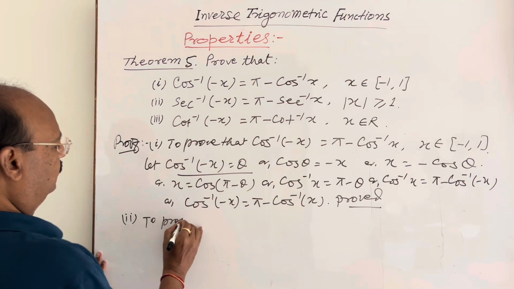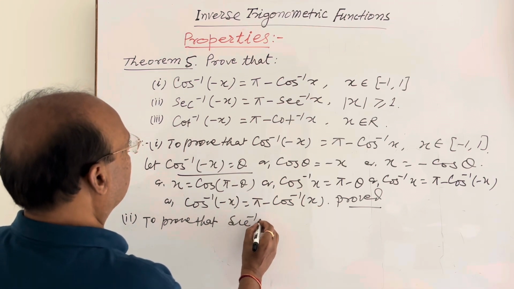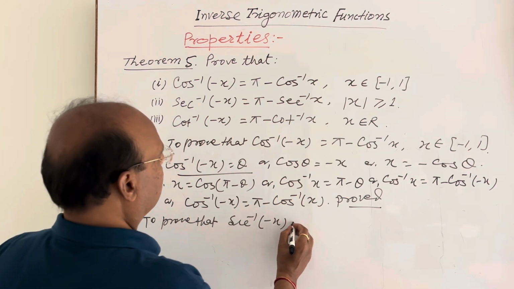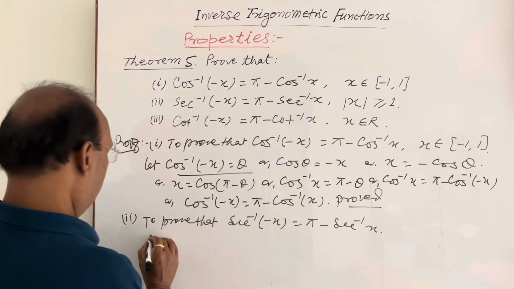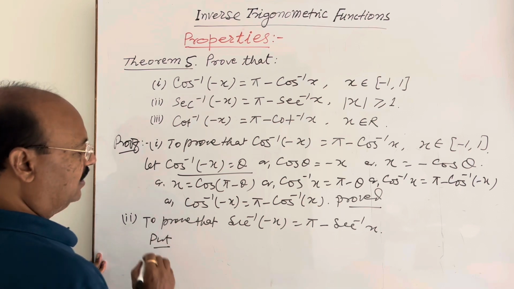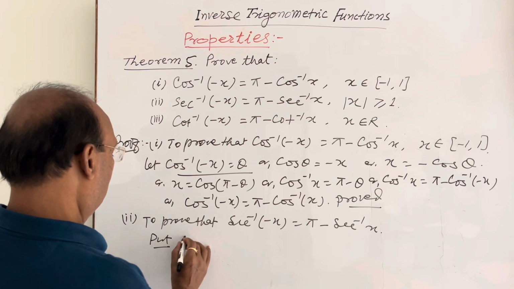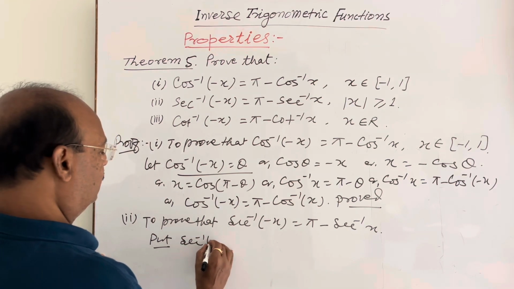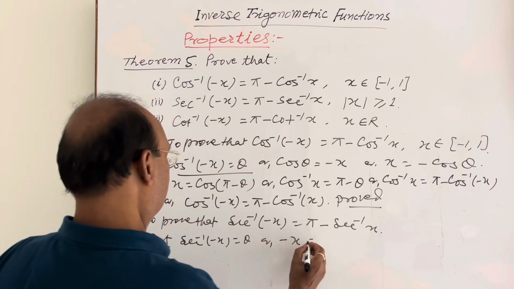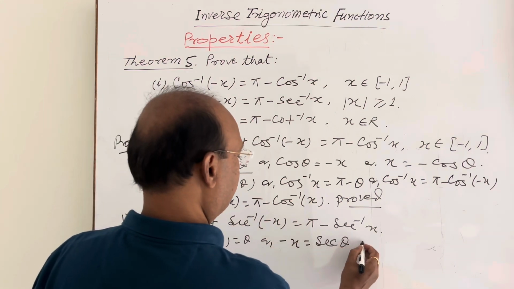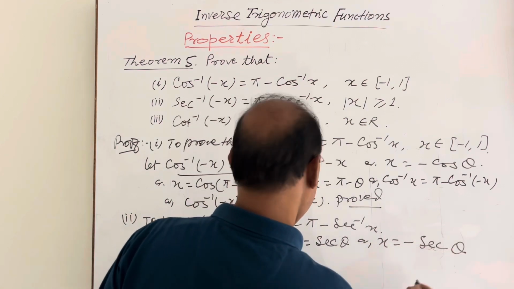Similarly, we can do the second part also, to prove that sec inverse of minus x is equal to pi minus sec inverse x. Here also the pattern is similar. We will put sec inverse of minus x is equal to theta, or minus of x is equal to sec of theta, or x is equal to minus sec of theta.